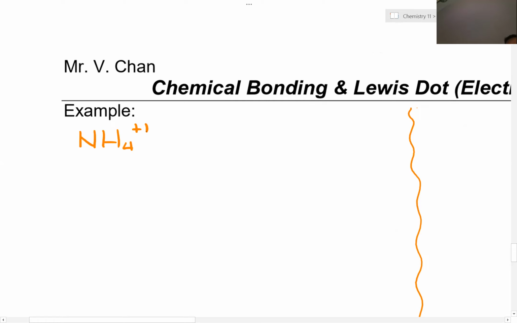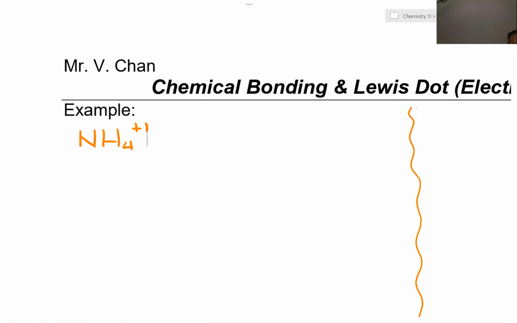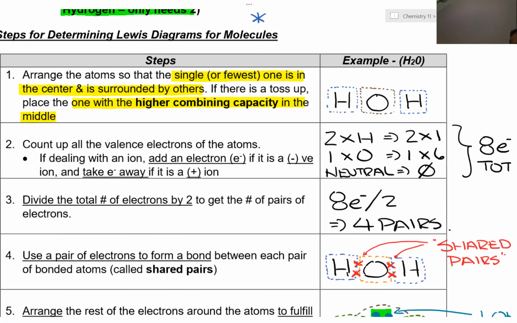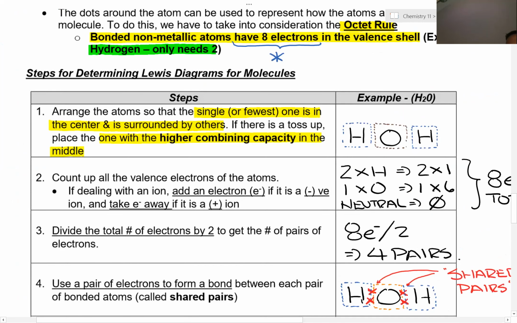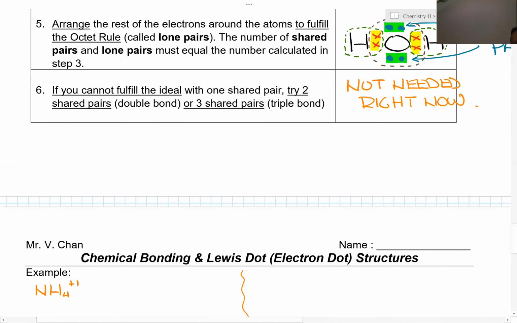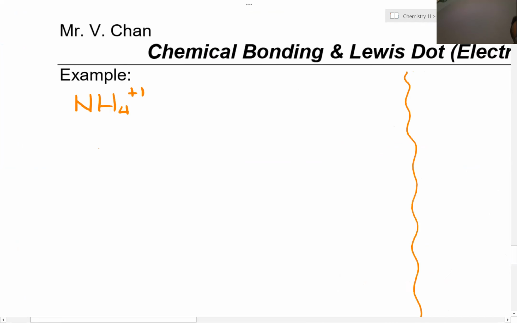Now, what we're going to do is the first 3 steps. The first 3 steps were arranging, counting up the number of electrons, and finding my total number of pairs. If we look at NH4, I will put N in the middle and put a square around it.